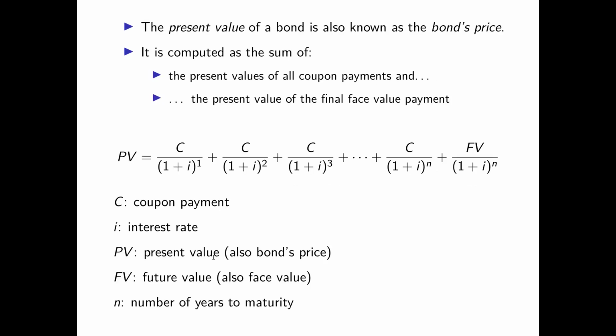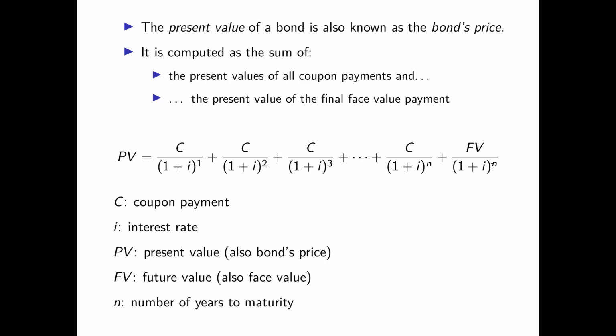So how do we calculate the present value of a coupon bond? How do we know how much we are exactly paying when we borrow money using the coupon bond market? Well, C here stands for coupon payment. So these are all the coupon payments that you make annually, for example, for n years.